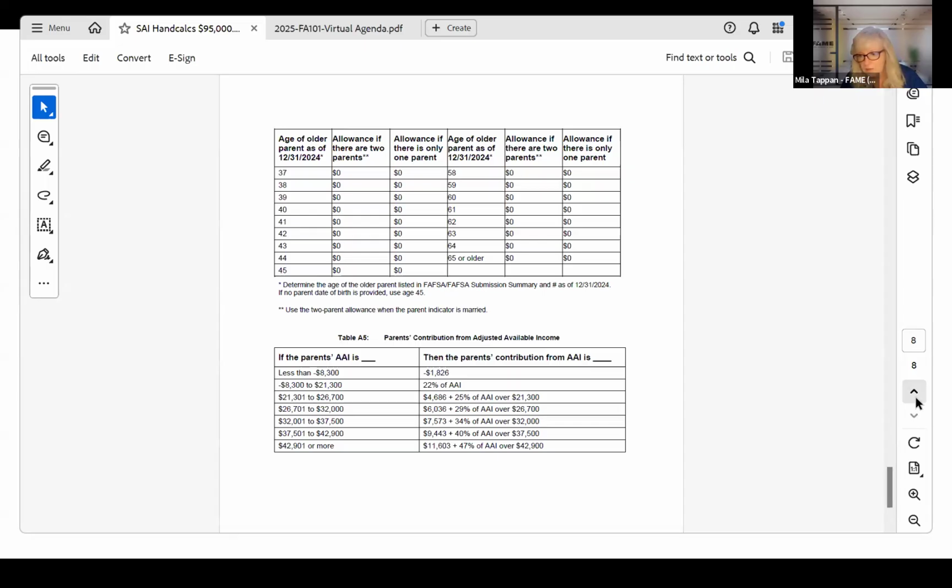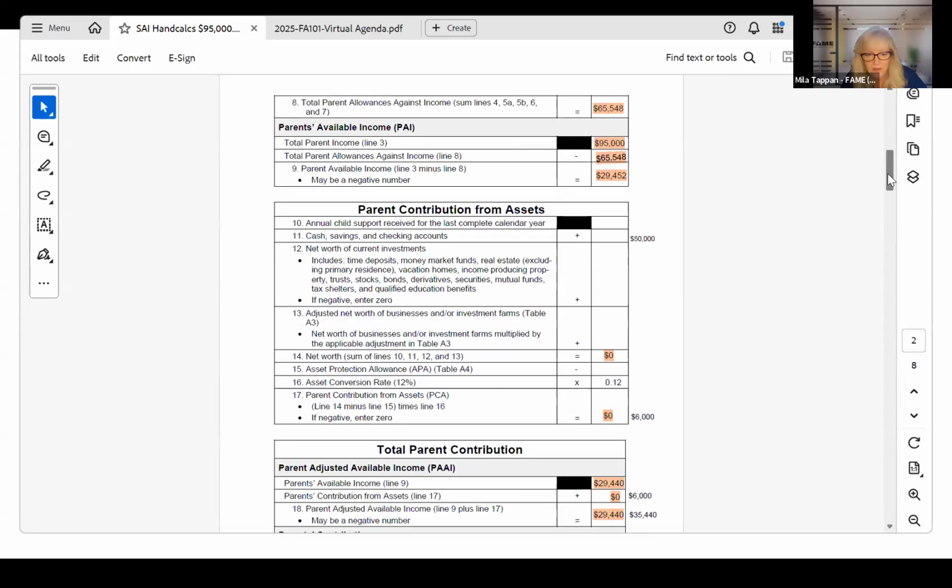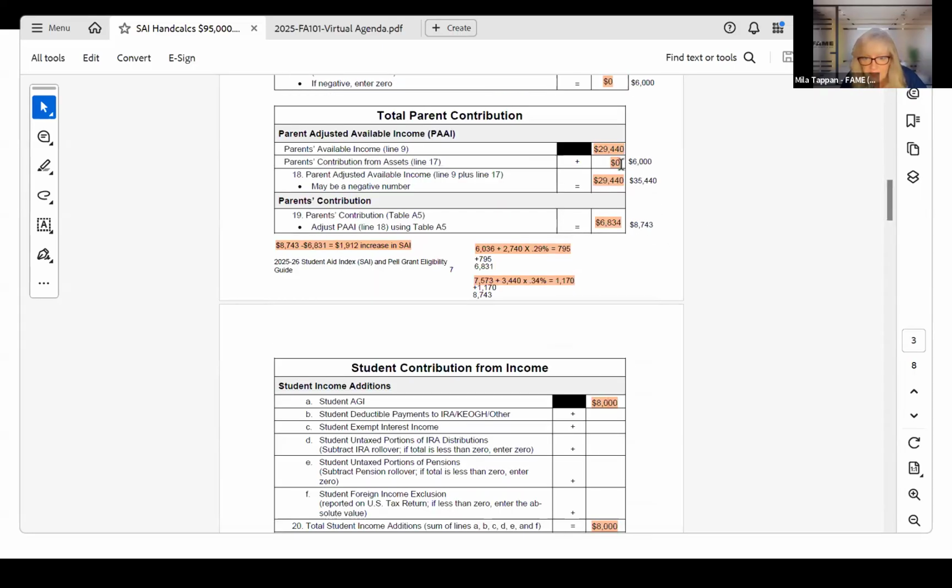But what we want to focus back on is that when we put this number through the formula, we have that 6,036 plus the 29% of the amount over. That means we're going to add those two numbers together.